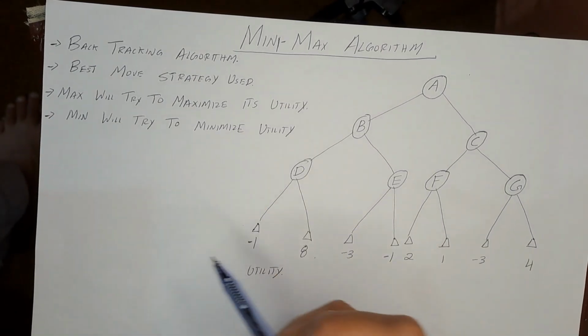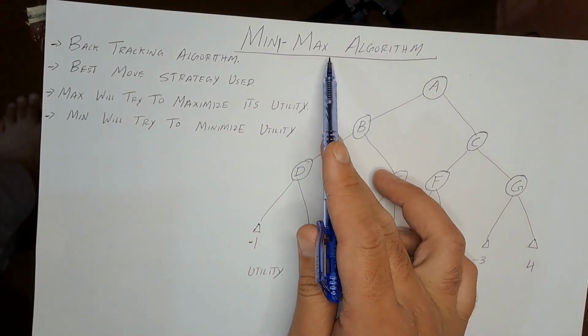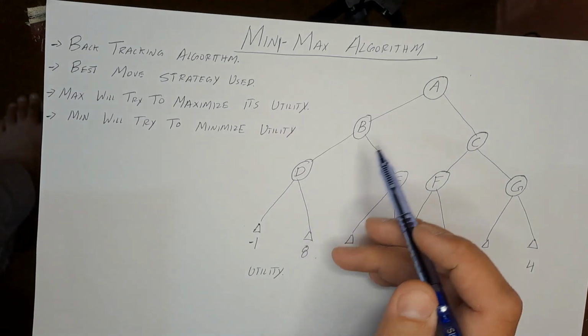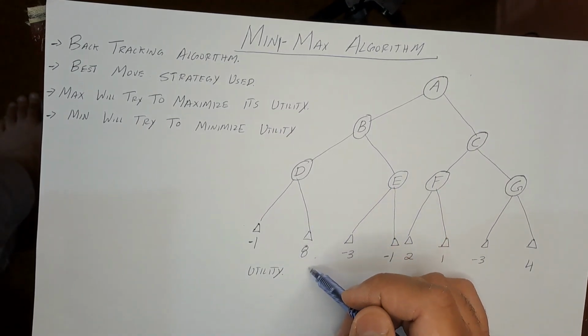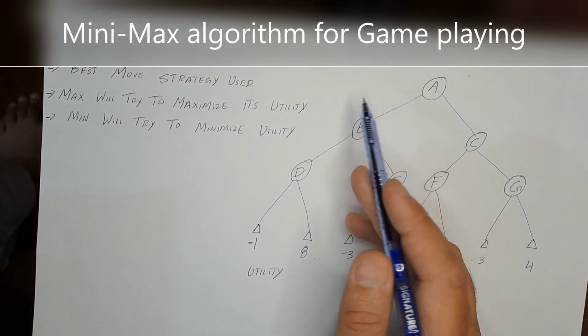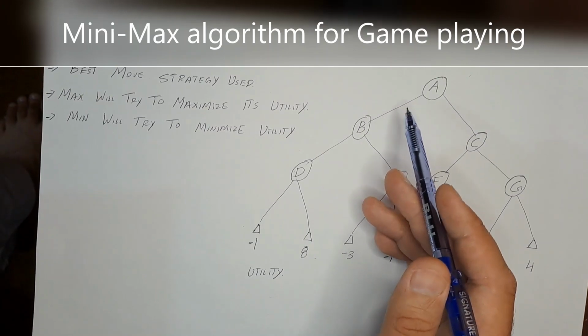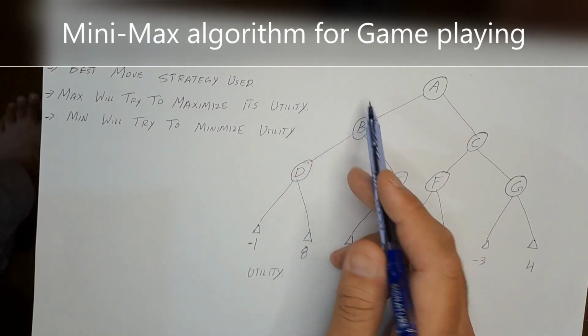Now what are Min and Max? Max is a player who wants to maximize his reward, or in other words he wants to achieve the most desirable results, whereas Min is his opponent who wants to minimize his reward. That's why it is called the Minimax algorithm.